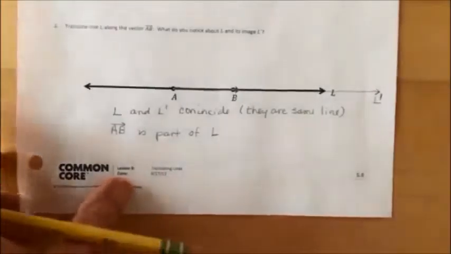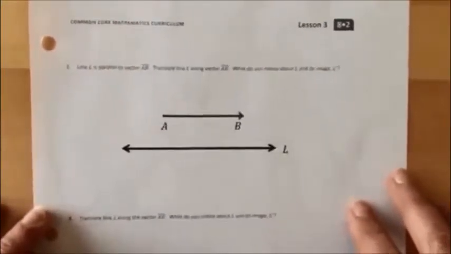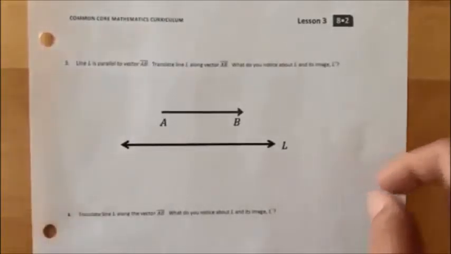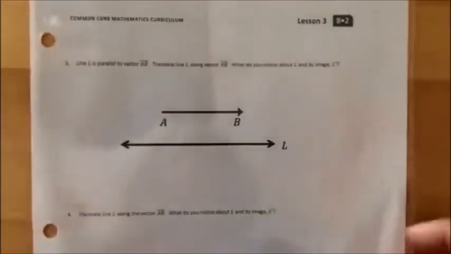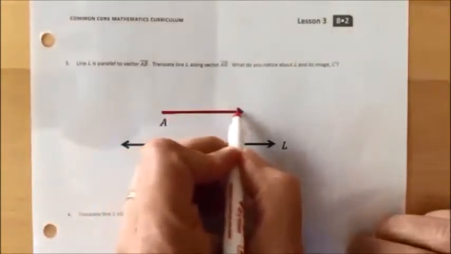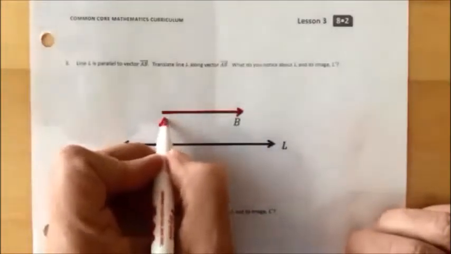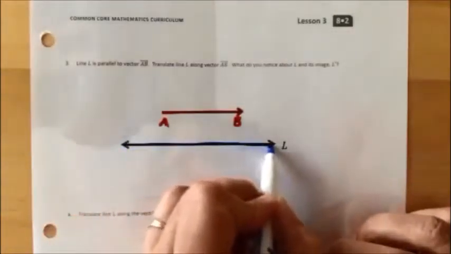Okay, so let's look at exercise 3 now. Exercise 3 is a different case. Here we're going to translate line L, but vector AB is not on the line; it is parallel to the line. Here's my vector AB, and the line that I want to translate is parallel to the vector.